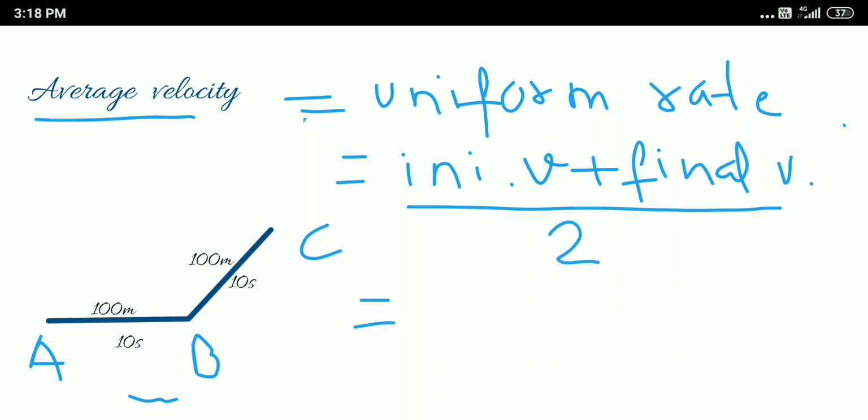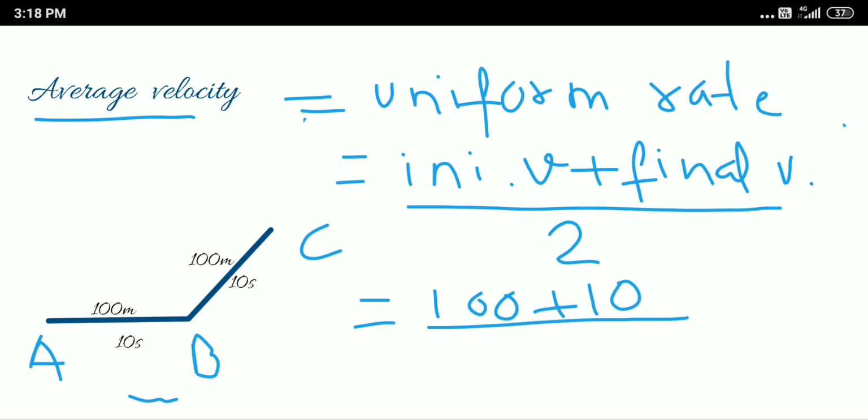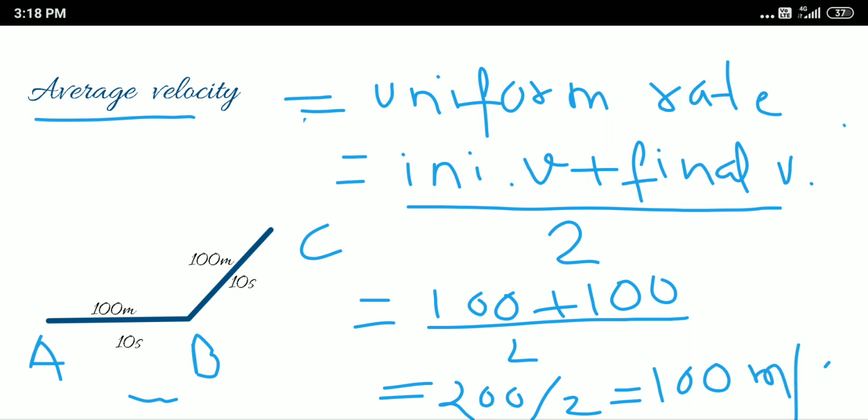In that way only we can find the mean of two things. That means 100 plus 100 divided by 2. Now what is that? 200 divided by 2 is equal to 100 meter per second. So average velocity, if you are moving with a uniform rate, can be found by taking the arithmetic mean of the initial velocity and final velocity.